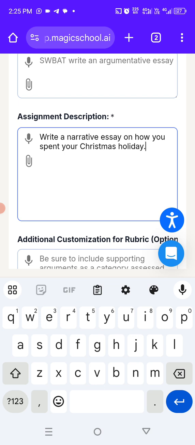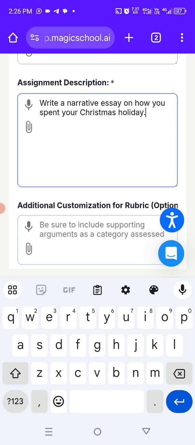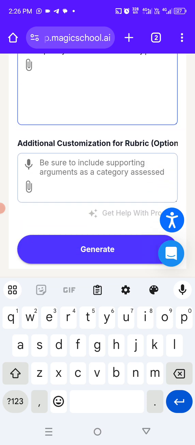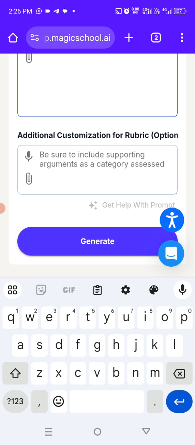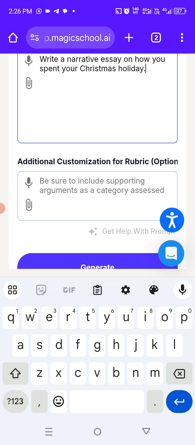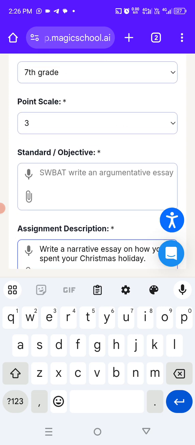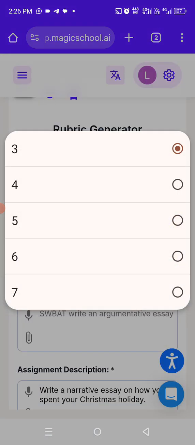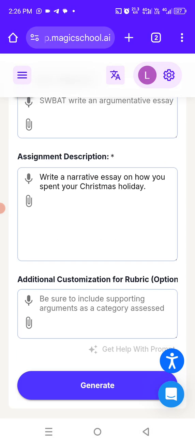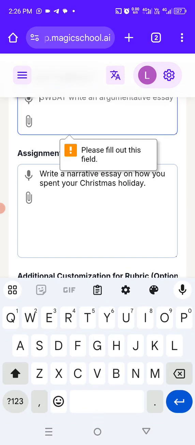I think this is February, although it's already 2 months in, but exactly. So you could give them this essay, and you want it to generate a rubric on this essay that will help guide how you would assess what they did. I'm not going to add any additional criteria. Just make sure the point scale is 4. So I press generate.